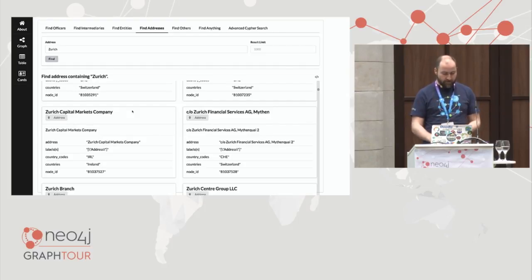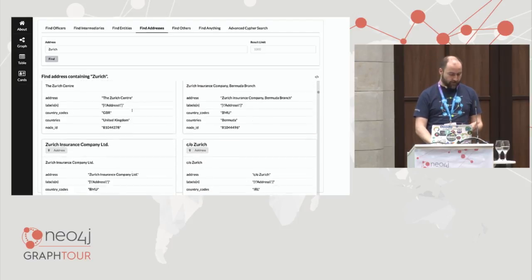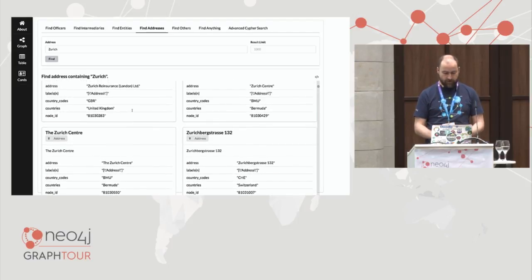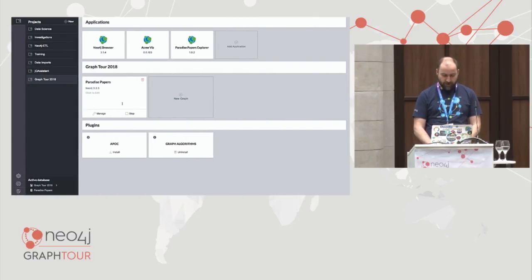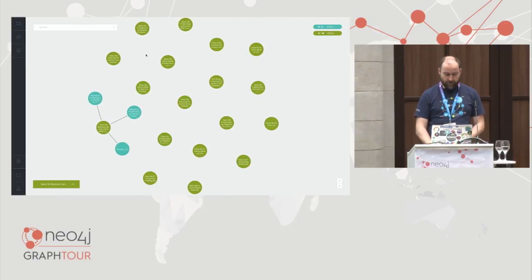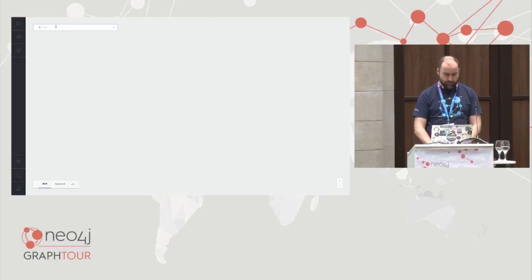But it's quite a lot of data, and in this card view, I can't really see a lot. I could also look at the simple application here in a graph view. But actually, I want to use a tool that's more suitable for a business user, similar to what Kurt mentioned. So there's this Acme Viz visualization library that we have here as a demo.